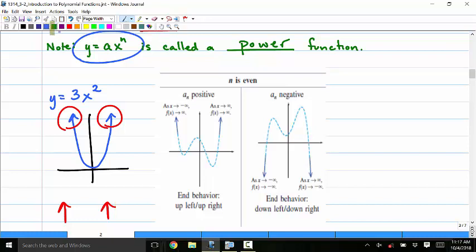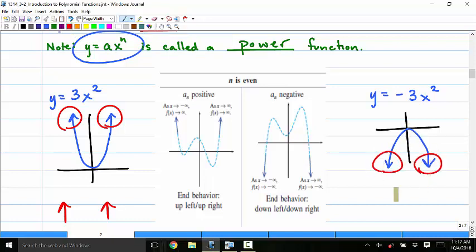What if a is negative? For example, y equals negative 3x squared. What does that graph look like? It looks like this, right? The end behavior is going to go down, down. Something to notice.